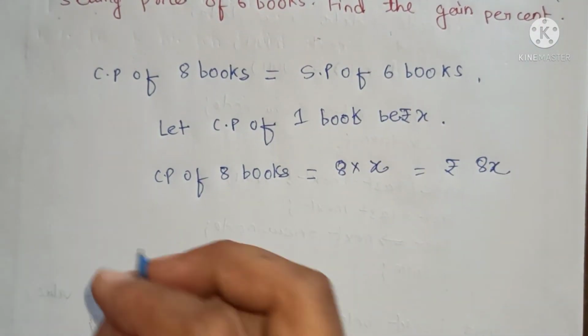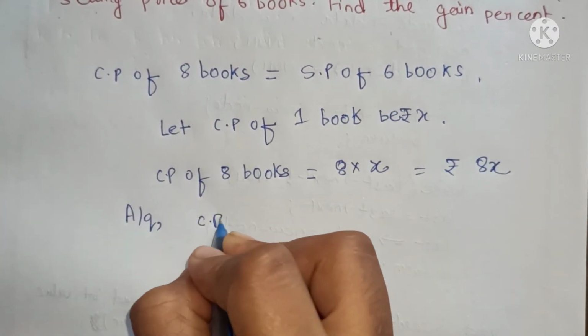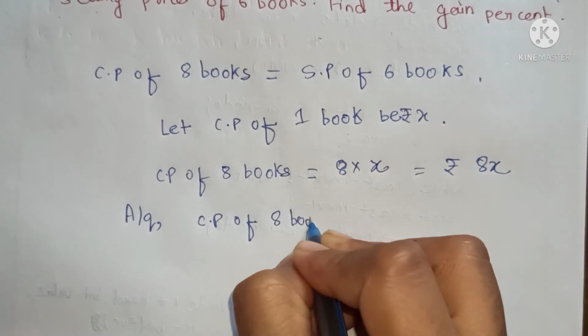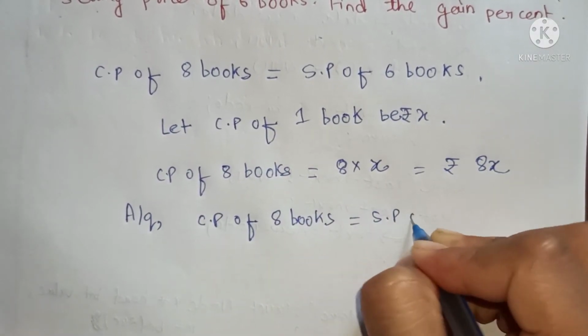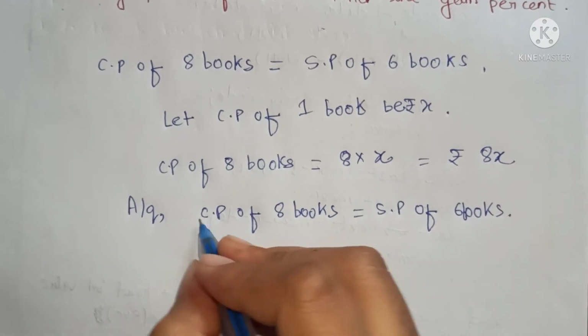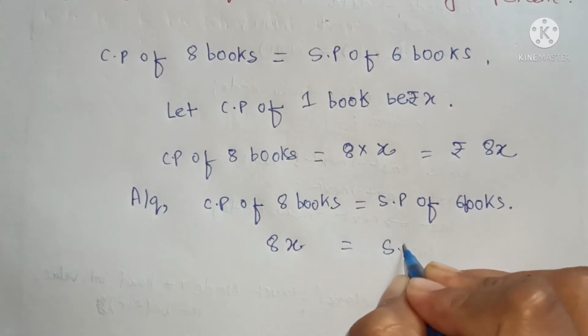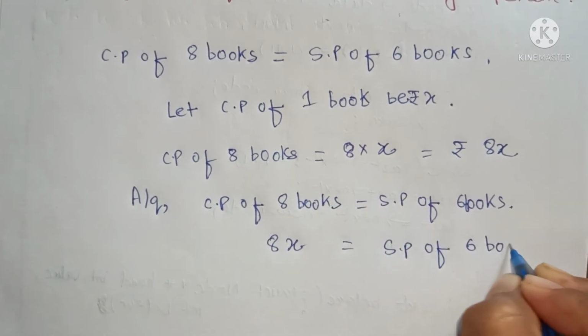Okay. Now according to the question, what is given? CP of 8 books is equal to SP of 6 books, right? CP of 8 books we have got as 8X, equal to SP of 6 books.